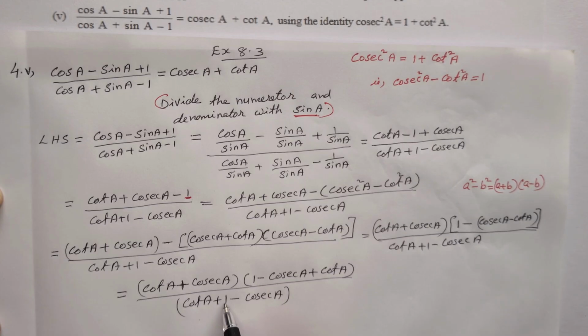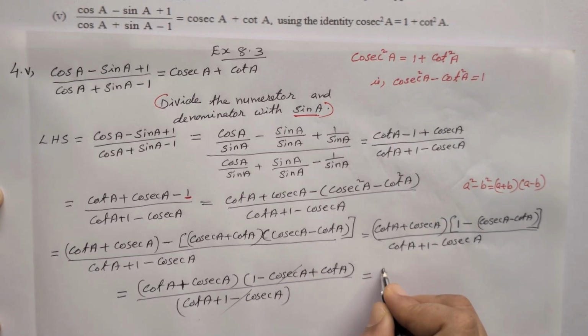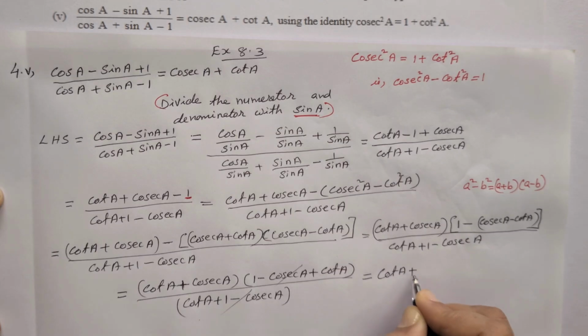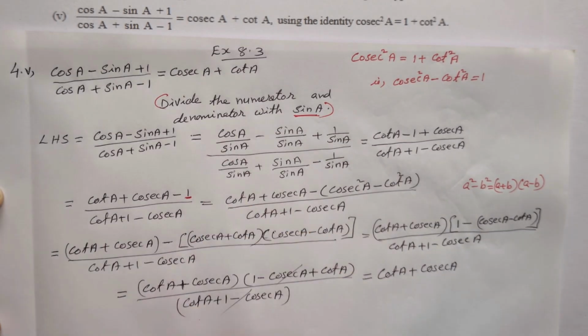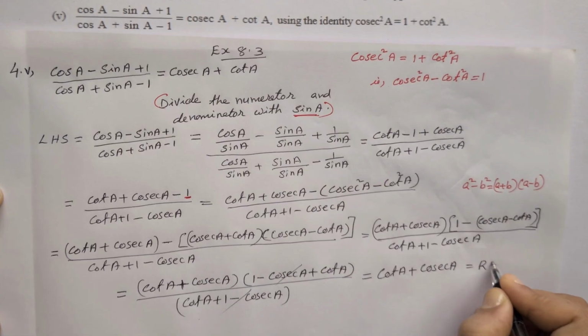Here 1, here also 1, plus cot A, this also positive cot A, minus cosec A, this one minus cosec A. So we can cancel these two brackets from the numerator and denominator. Then remaining cot A plus cosec A, that is same as the RHS. So we can write is equal to RHS.